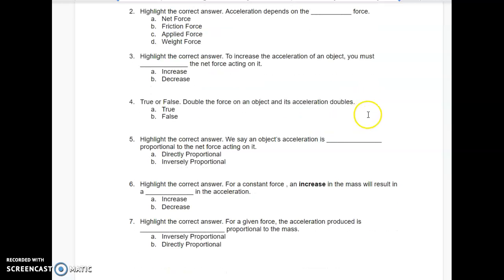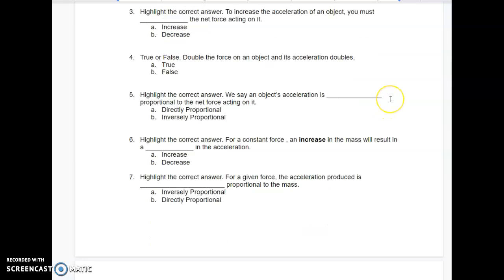So number three, to increase the acceleration of an object, you must blank the net force acting on it. So if you wanted to increase the acceleration of an object, you would need to increase the net force acting on it. So true or false, double the force on an object and its acceleration will double.